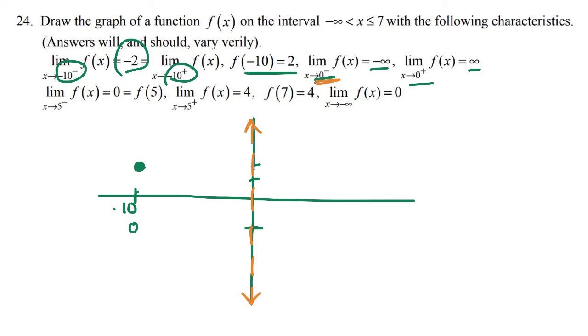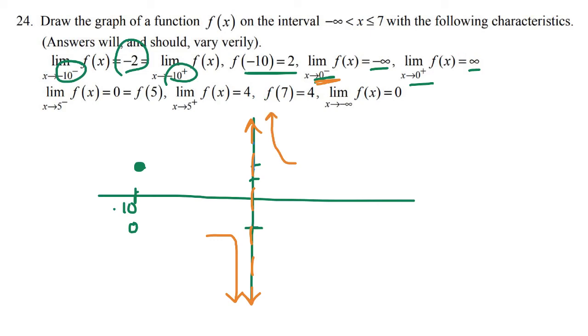Because again, I'm tending toward -infinity, so I know my graph, whatever it is doing, I know it's tending this direction. And then as we approach from the positive, it's going to have to be tending up this direction.